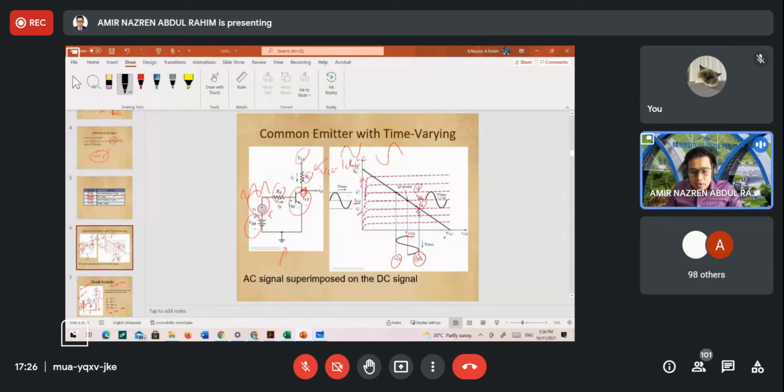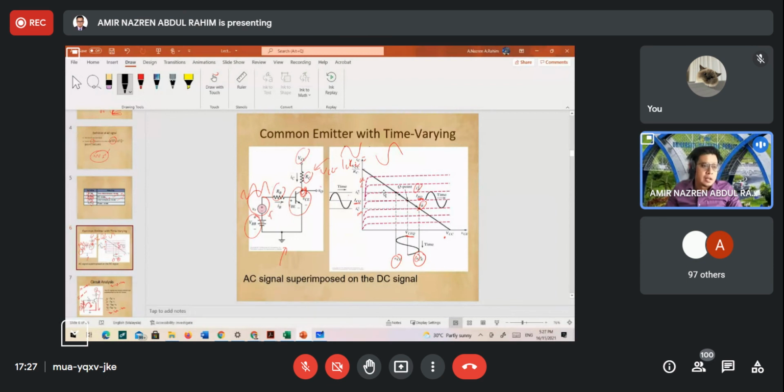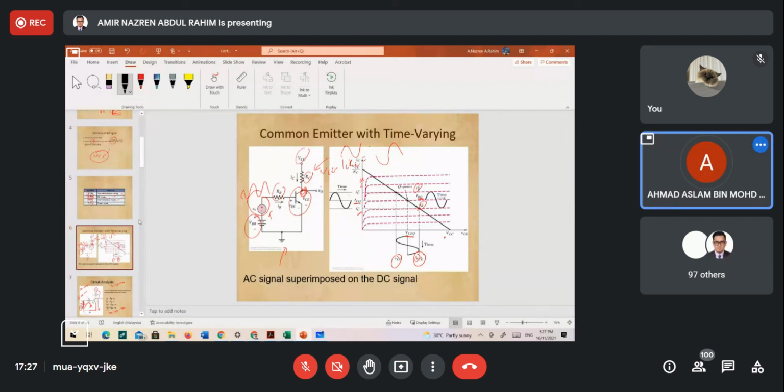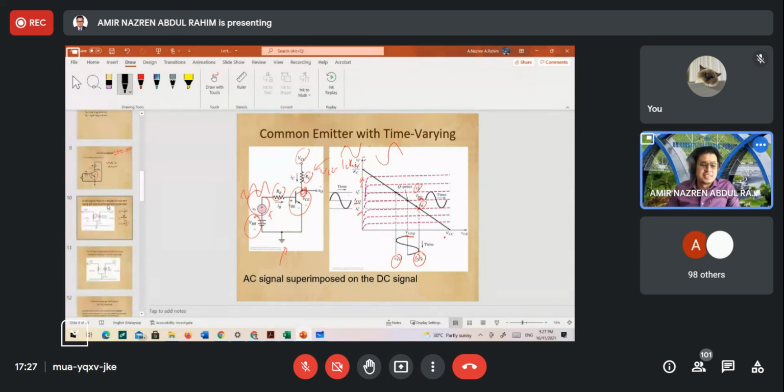Q tu kat letak tengah-tengah kan. Dia tak kena saturation, dia tak kena cut off. Maksud hak yang kita kira tu hak cantik dah. Kalau kita kira tu kita boleh nama dia ICQ atau VCEQ. Sama lah. Betul. Okey. Beres.